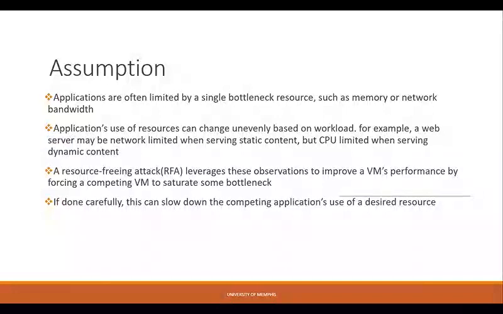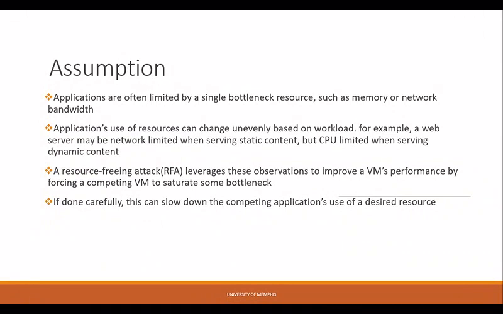We have some assumptions here. Every application will have just one bottleneck resource. Some applications are bottlenecked by the CPU, and some are bottlenecked by the cache. By bottleneck, I mean that if you were able to increase that resource, the application would become faster.